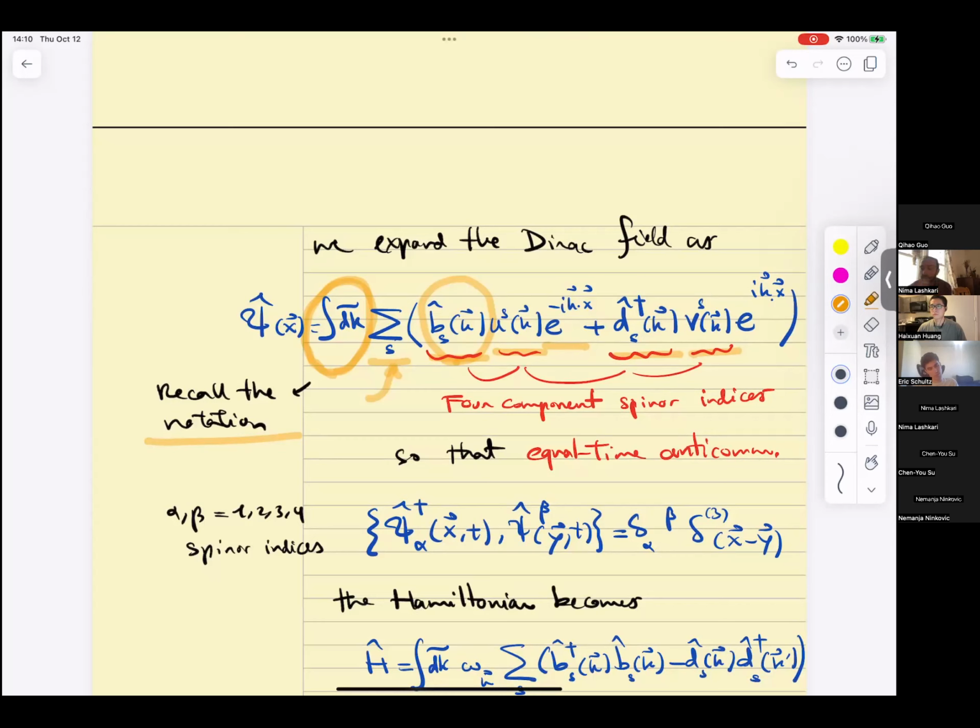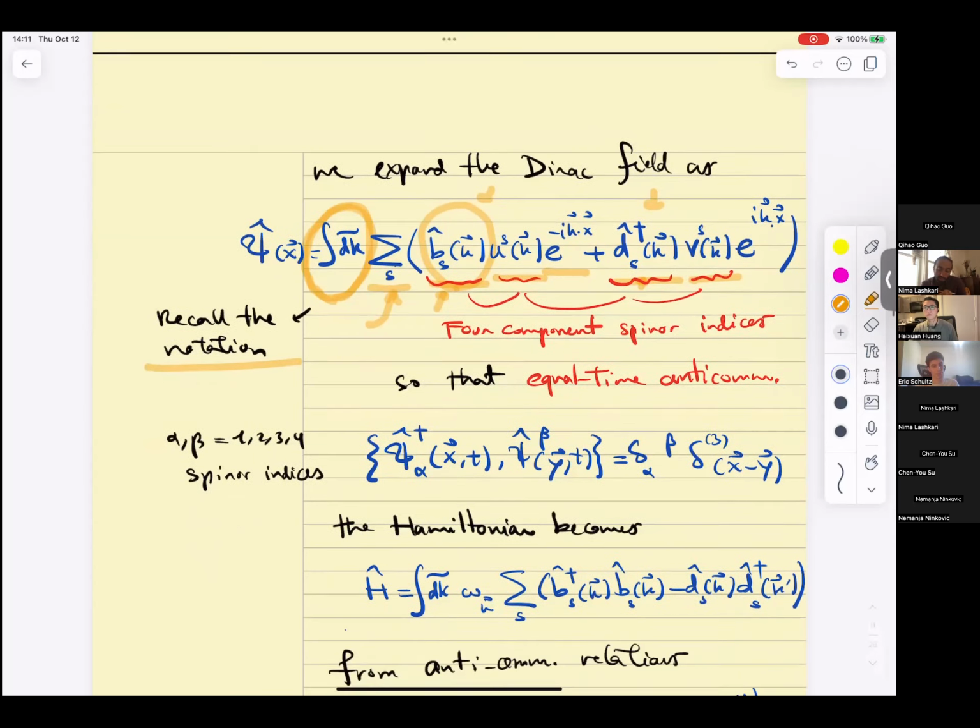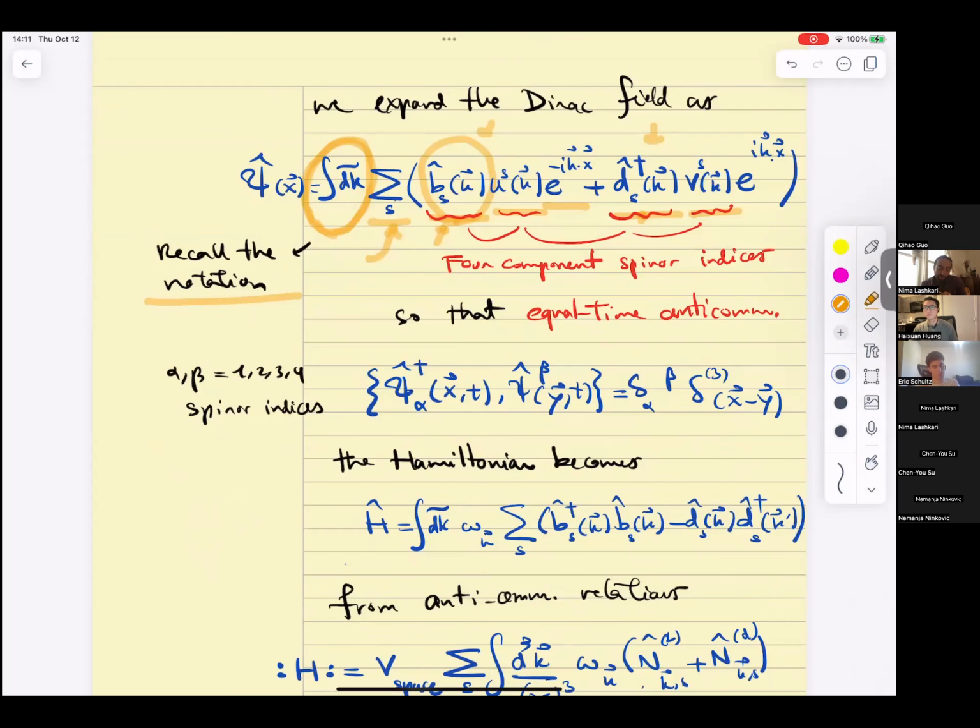So this is exactly analogous to what we did with the scalar field. We basically introduced these creation and annihilation operators, but here we have 4 of them. So we have B and D, and then there are the s labels.